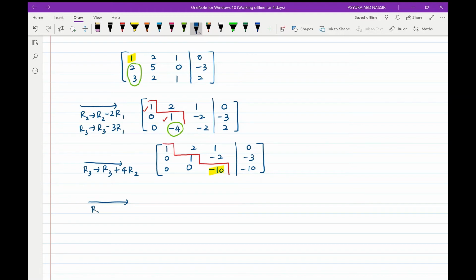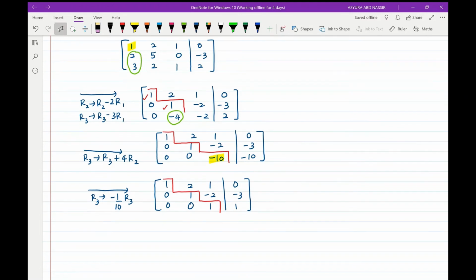You will have R3 is R3 divided by negative 10, or you can also write it as negative 1 over 10 R3. Now you will have the answer 0, 0, 1, 1, 0, 1, negative 2, negative 3, 1, 2, 1, 0. Now check your ladder. Done, we have the perfect ladder.